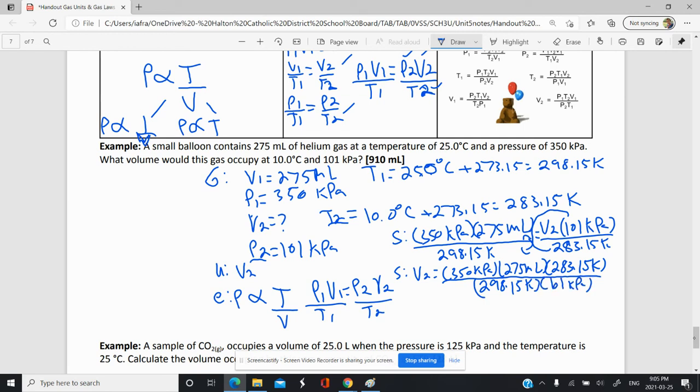And we can see if we can cross everything out here. Kelvin cancels out, kPa cancels out, and we're left with milliliters in the end. That makes sense because that's what our volume should be.